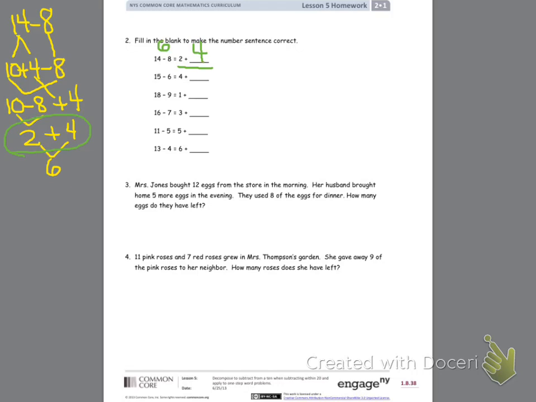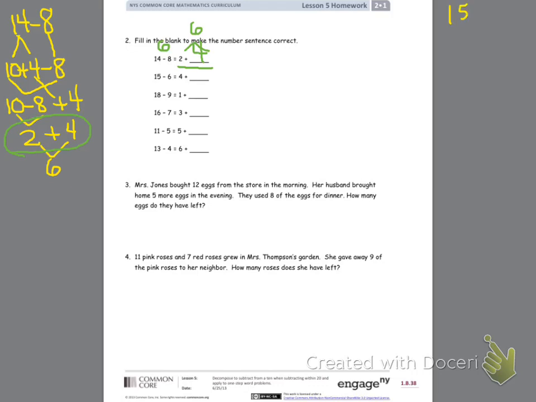And 2 plus 4 is 6. So I'll write it up here. Now we know that the left side of the equation is equivalent to 6 and the right side of the equation is equivalent to 6.